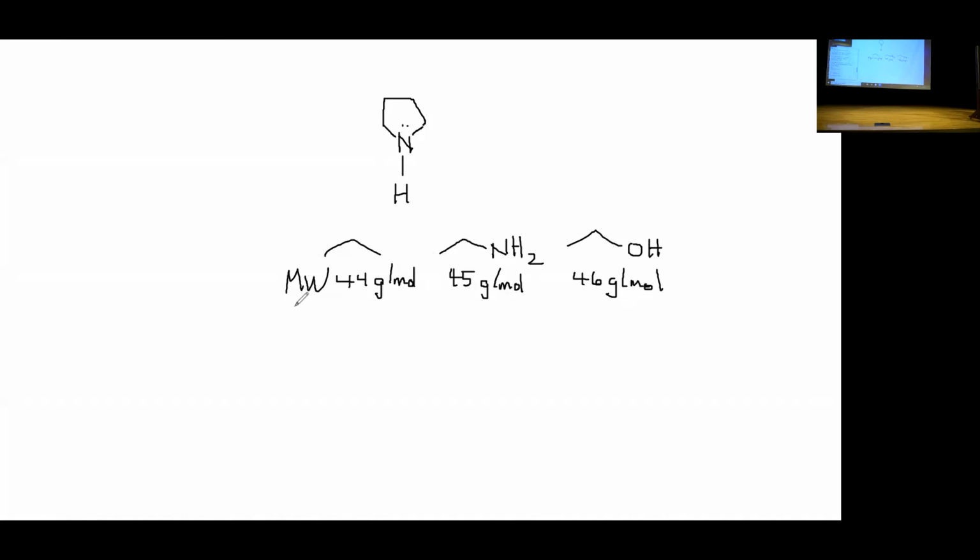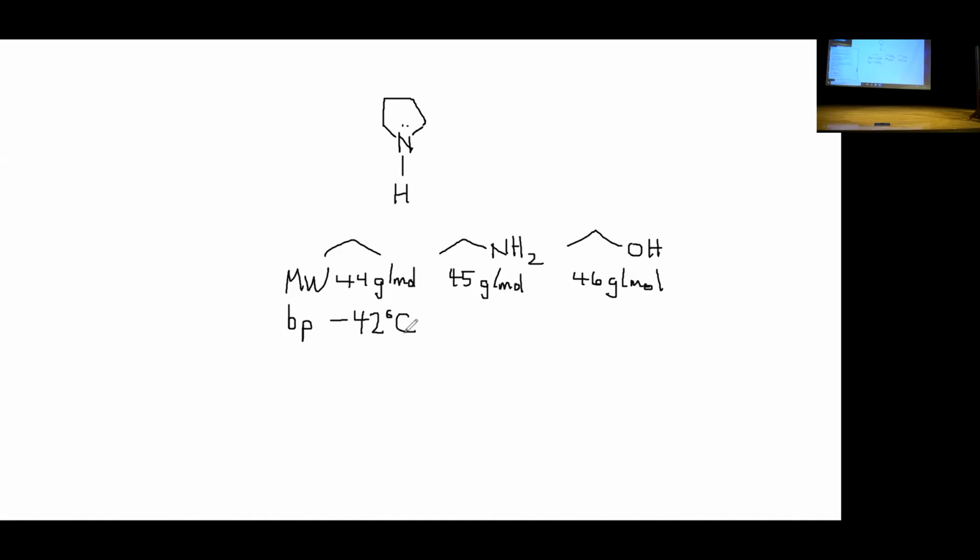But even though the molecular weights are so similar, the boiling points aren't. Boiling point of propane, and I don't care if you know these numbers, you see I'm looking them up myself, but the boiling point's exceedingly low, minus 42 degrees C, which means this stuff is a gas at room temperature. This stuff is even a gas at 0 degrees, which is where water freezes.